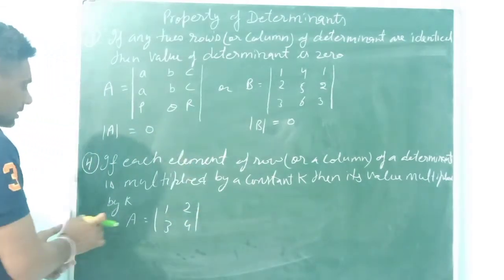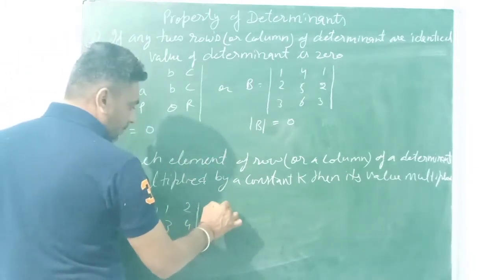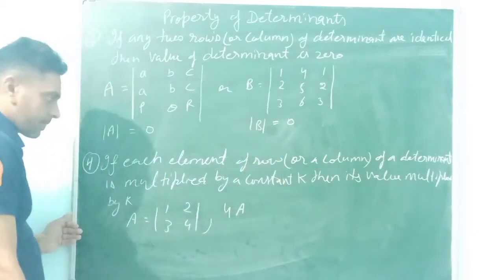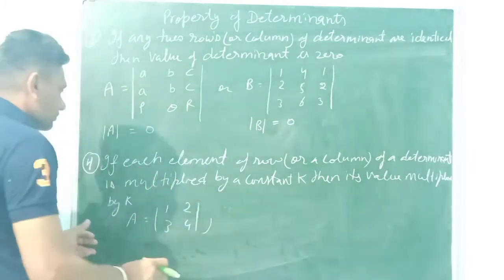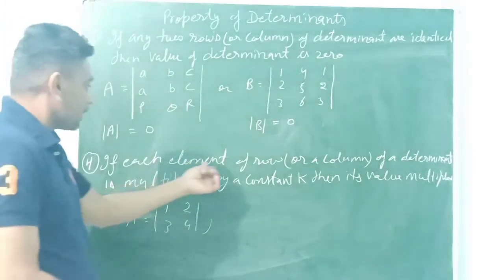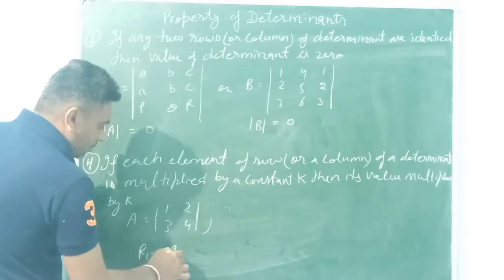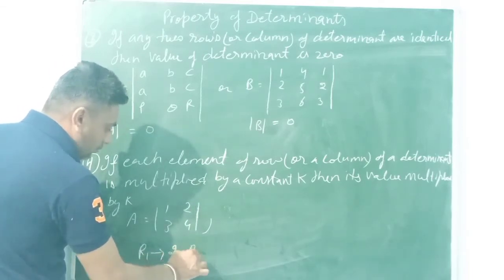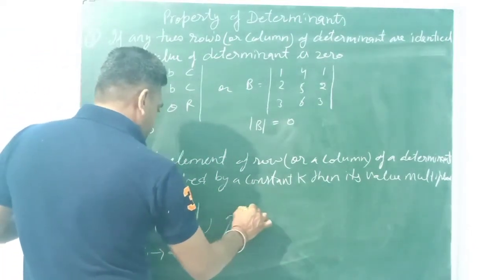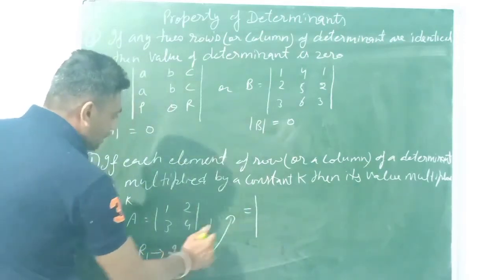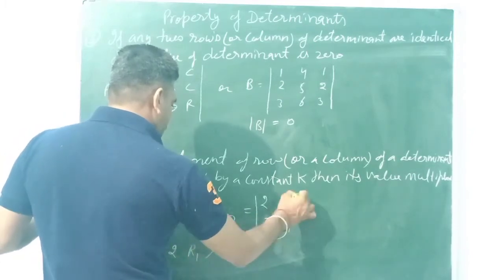If you multiply each element of a row or column, meaning R1 goes to twice R1, then this determinant becomes 2, 4, 3, 4.